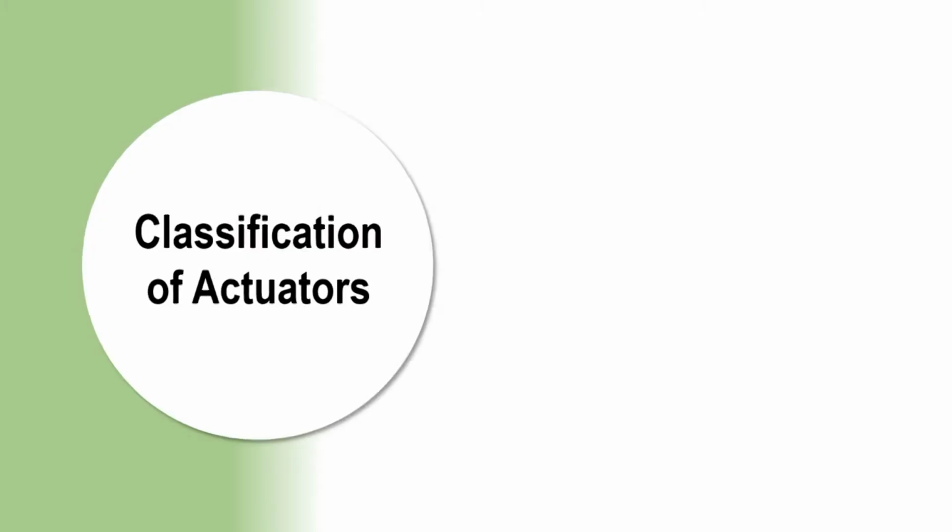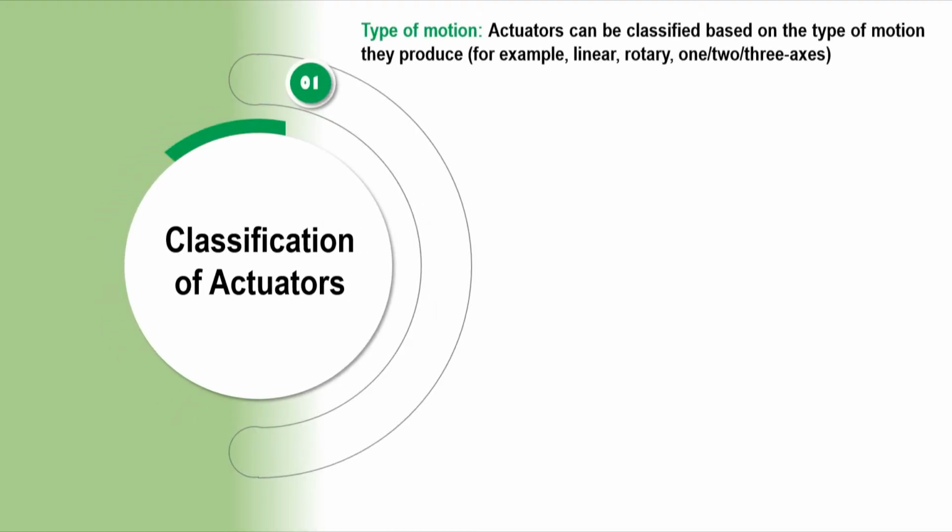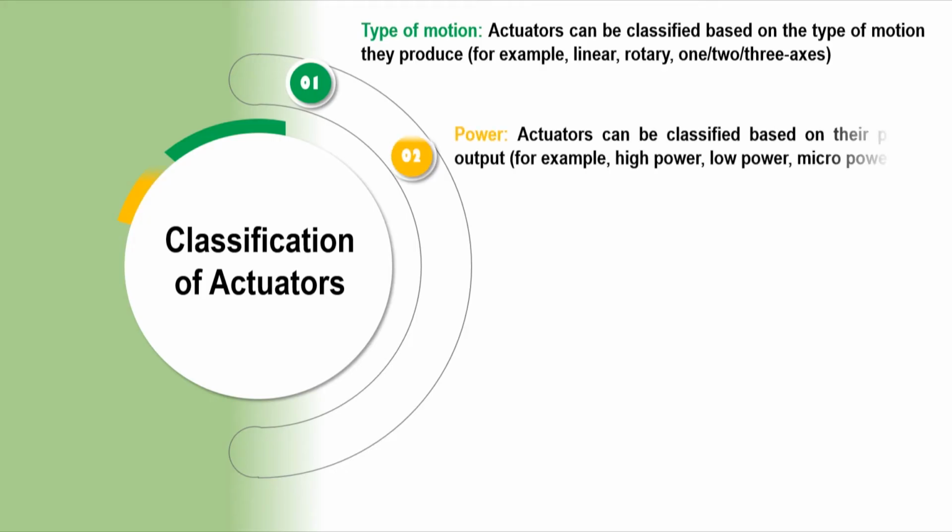Now, there are different classifications of actuators. According to the types of motion, actuators can be classified: linear motion, rotary motion, or motion in different axes, 1 axis, 2 axis or 3 axis. Another classification is depending on the power.